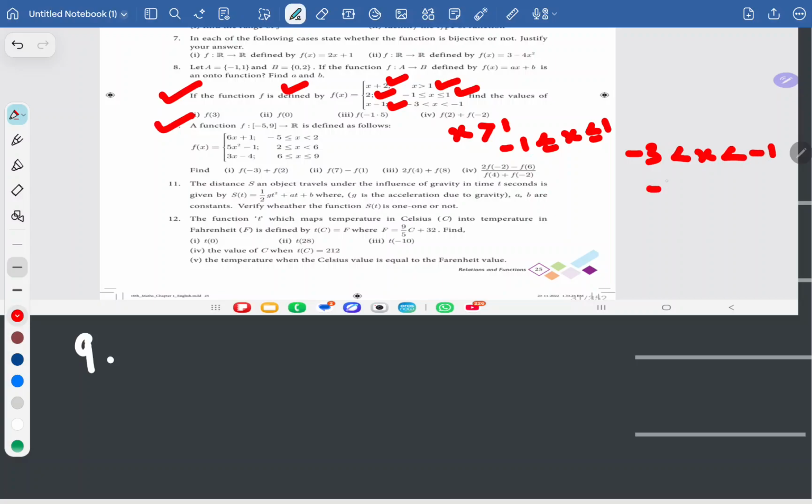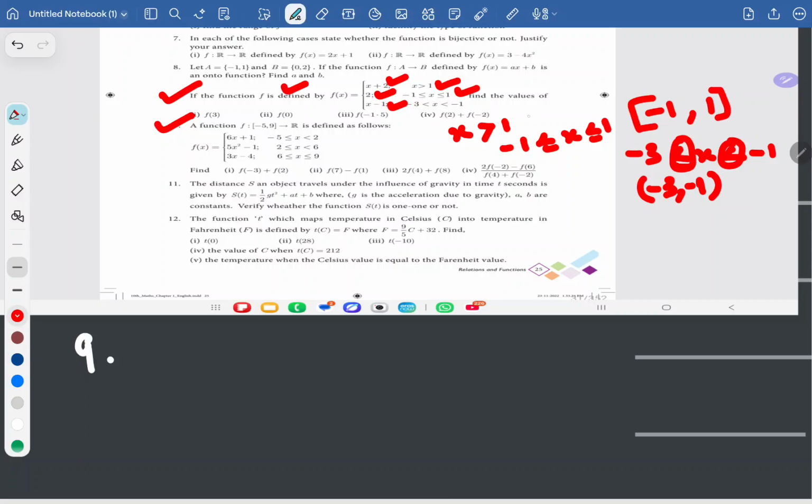This is the open interval minus 3 comma minus 1, because here it is strictly less than. Here also strictly less than, but here minus 1 less than or equal to x less than or equal to 1, both minus 1 and 1 included, so minus 1 comma 1 is a closed interval.